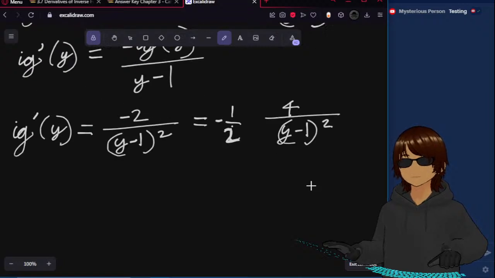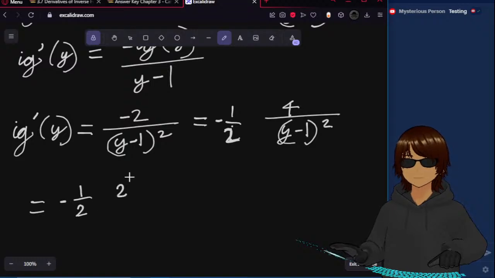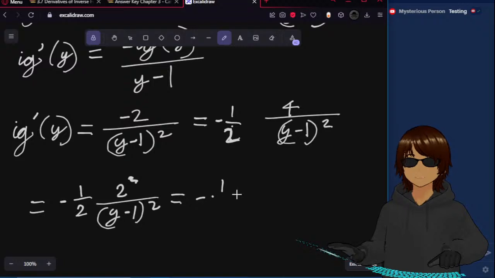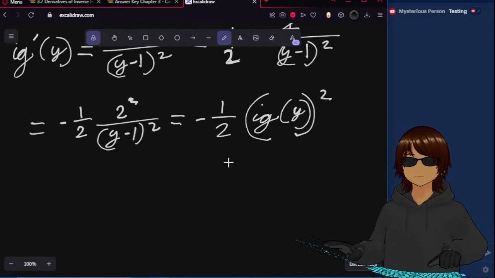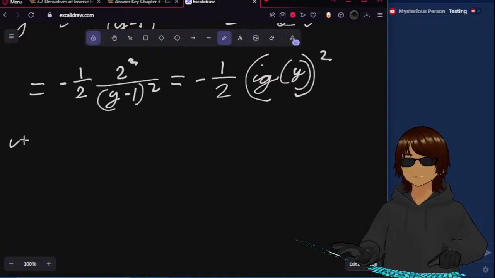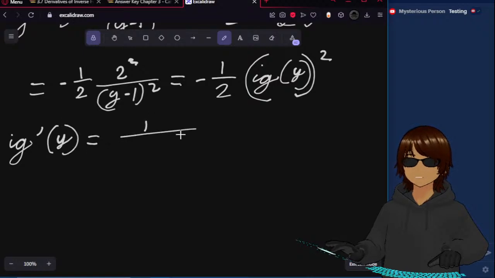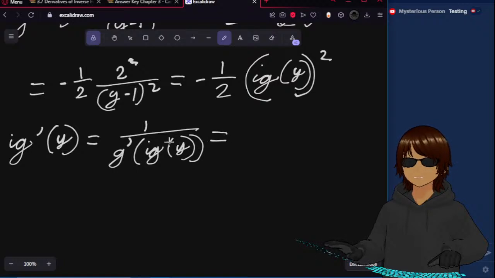And then half, and then I can do this. Now going back to the previous function, it is 1 over derivative of g, is this okay.